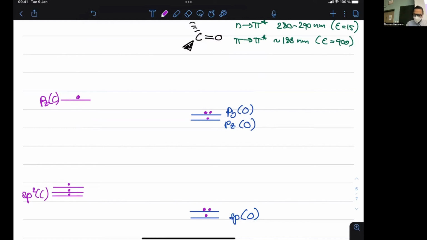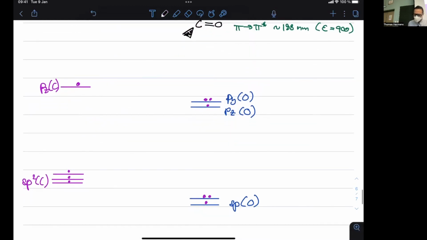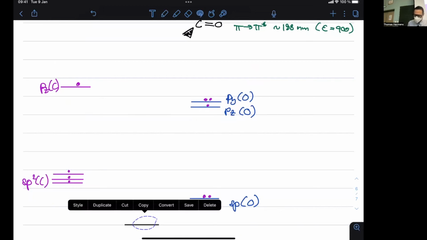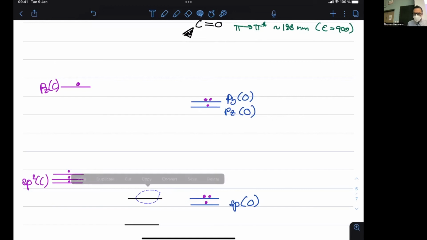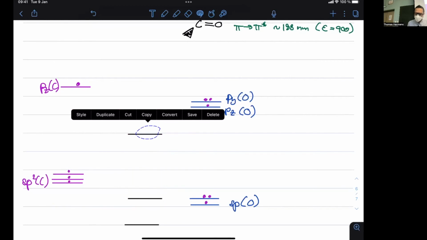Okay, so now let's look at all the possibilities. So we can have an orbital here. This one will be from the non-bonding. This one will be a bit lower.